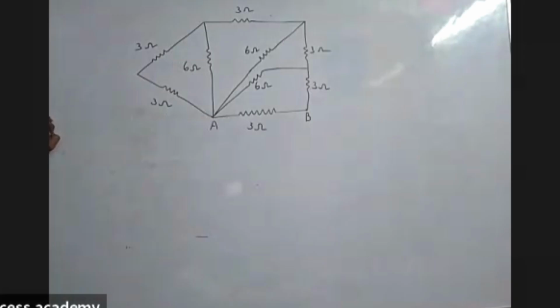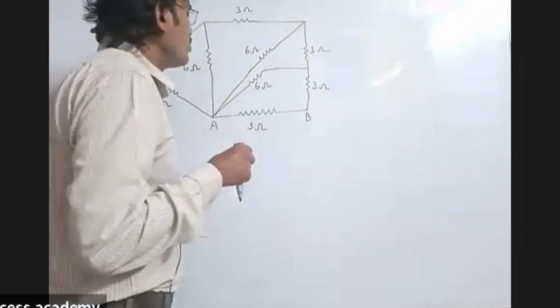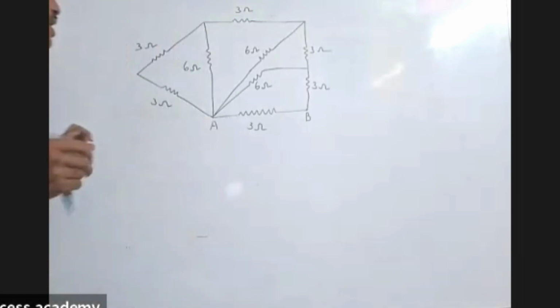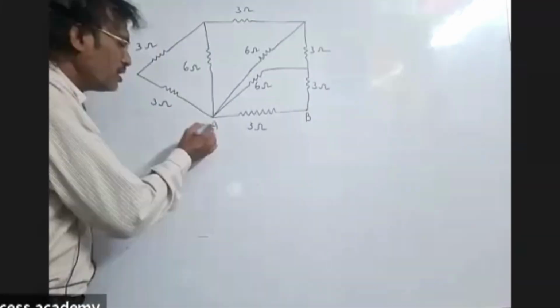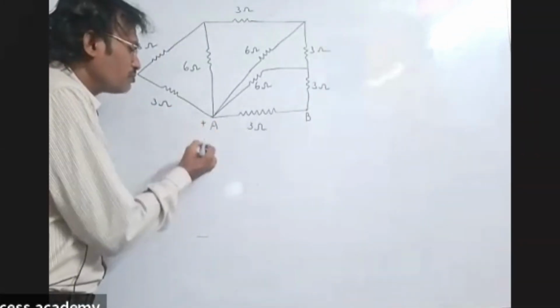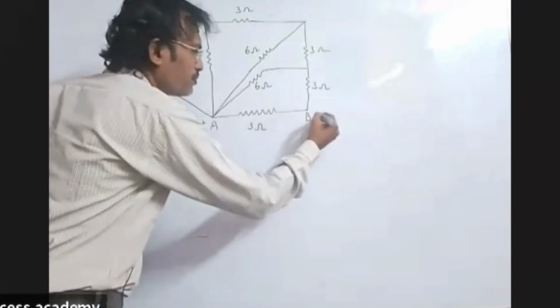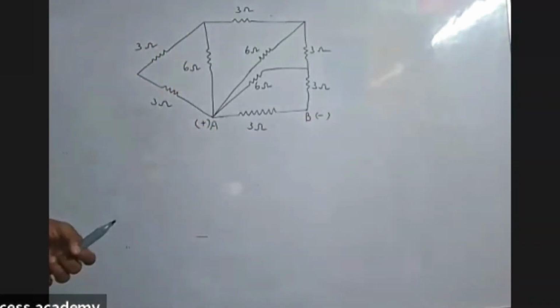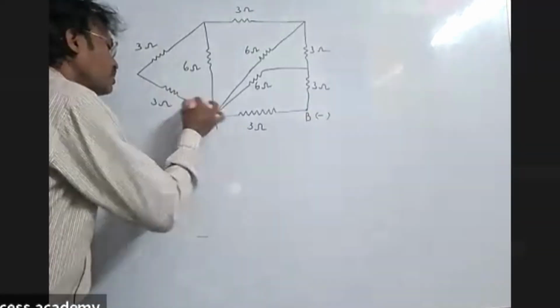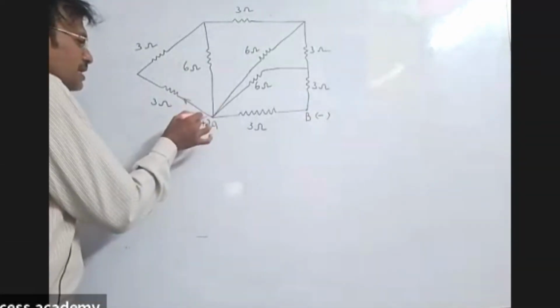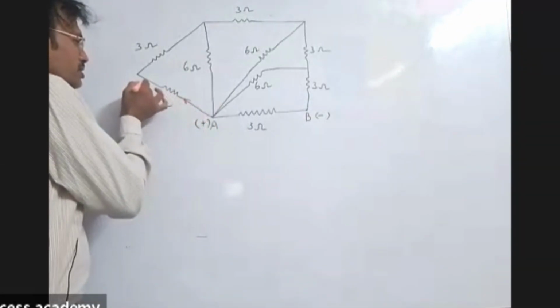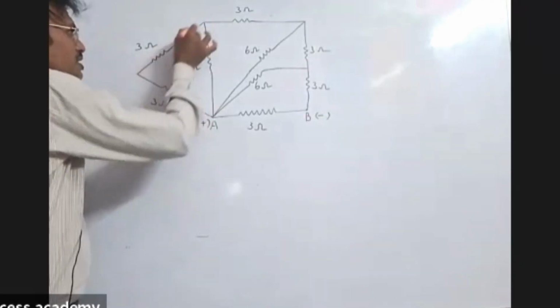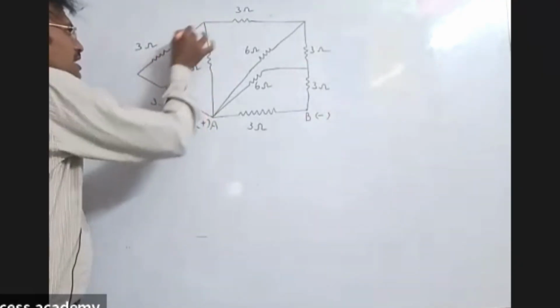Remember, here it is A, the positive terminal, and this is negative. The current is moving from the positive terminal like this. Observe carefully. The same current is passing like this also.